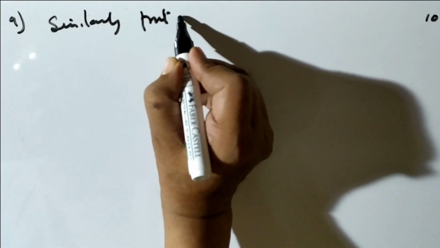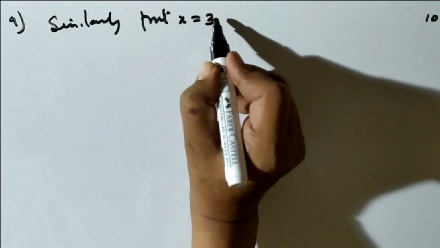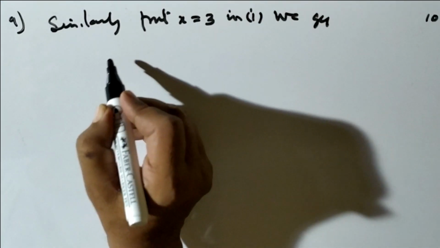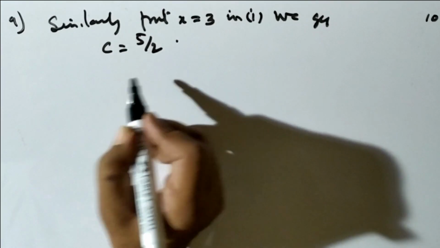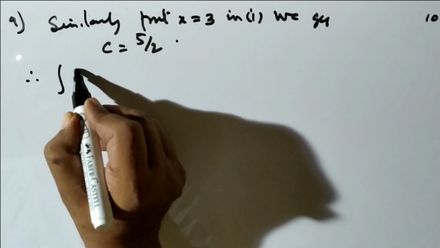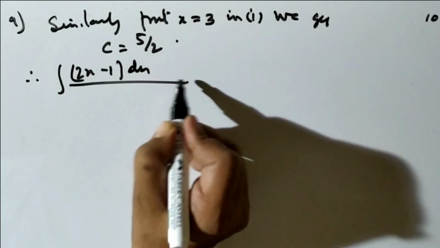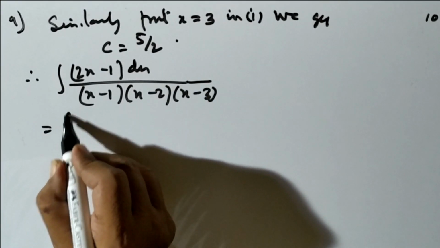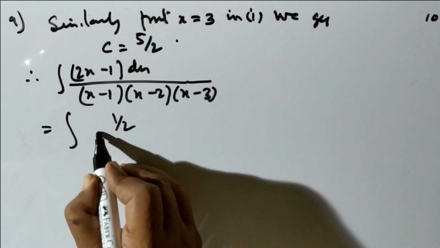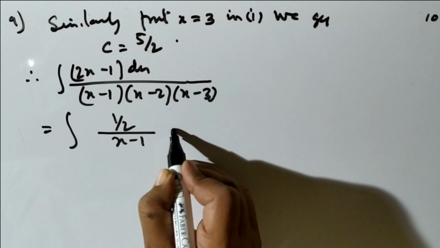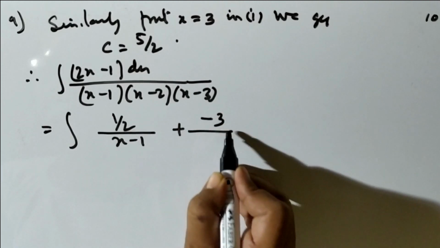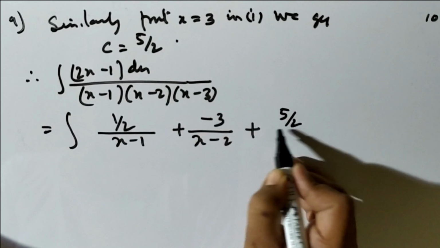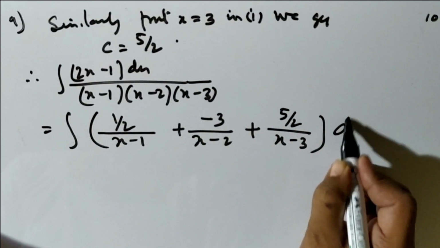Put x equal to 3 in 1, we get C equal to 5/2. Therefore, the integral of (2x-1)dx/((x-1)(x-2)(x-3)) is equal to the integral of (1/2)/(x-1) + (-3)/(x-2) + (5/2)/(x-3) dx.